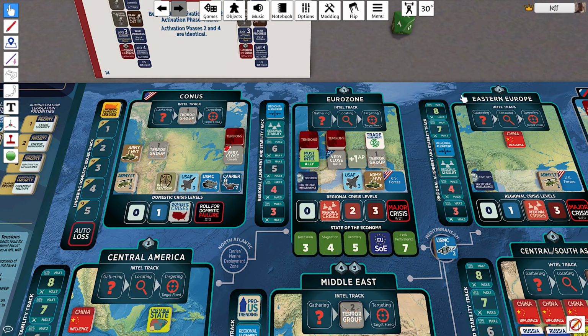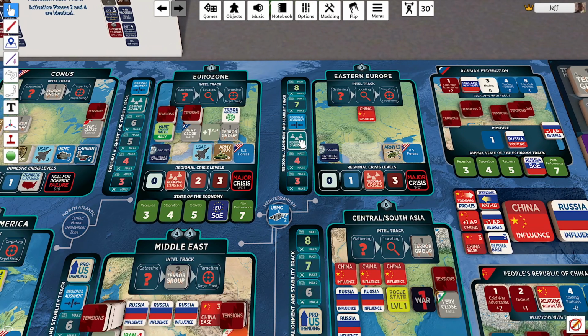We can do intel on a terror group. And they get 2 successes if they do. We can raid. We can stabilize a region. Or do humanitarian aid anywhere in the world.